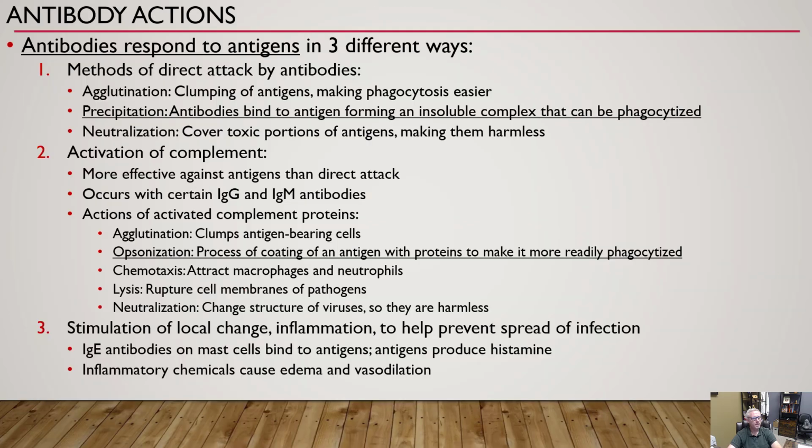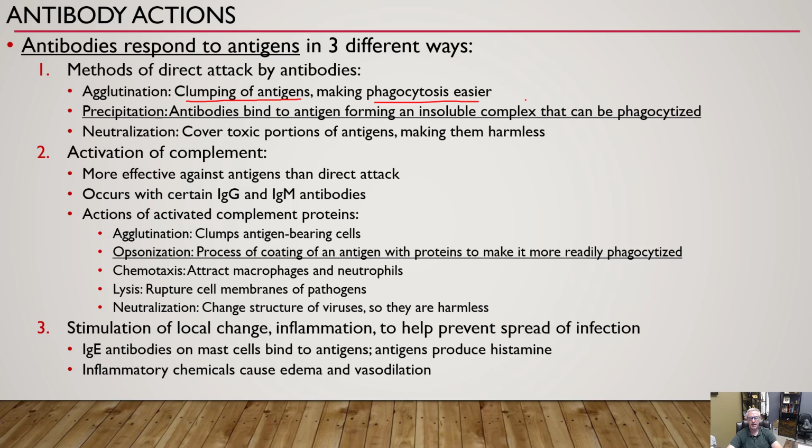So with antibody reactions, we have 3 different ways that antibodies can respond to antigens. The first way is a direct attack by antibodies. We'll see this with agglutination. That's when we have the clumping of antigens, and that's going to make it easier for phagocytosis to happen.